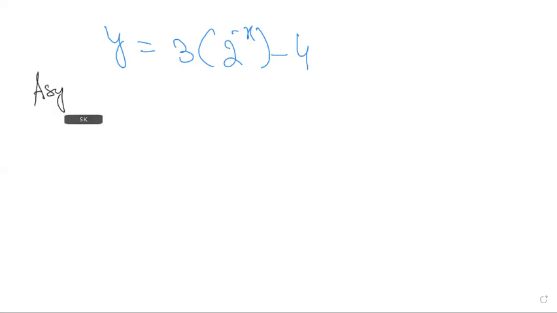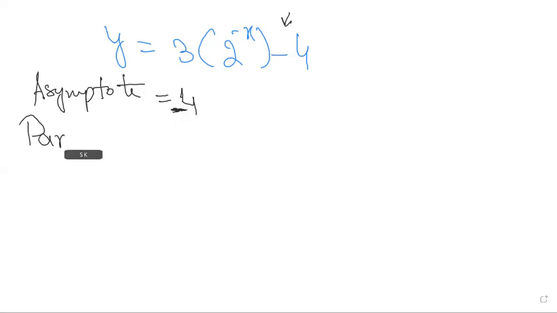My asymptote would be 4. Is it? Or we can call it negative 4 because it's a negative sign here. So my asymptote is negative 4. My parent function would be the number whose power is given here, which is in an exponential form. So here we have my parent function 2 raised to power x.